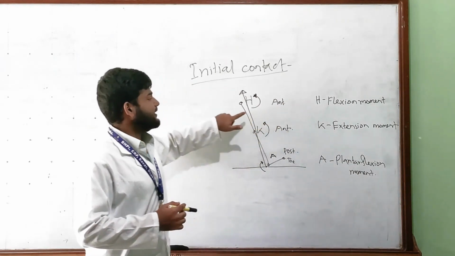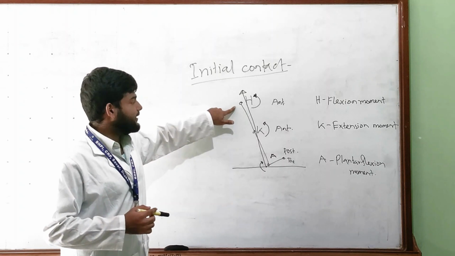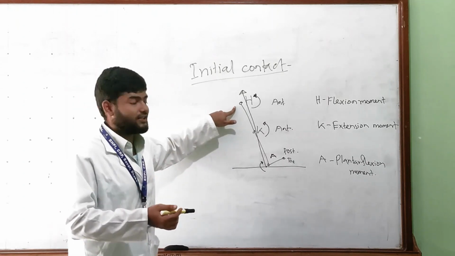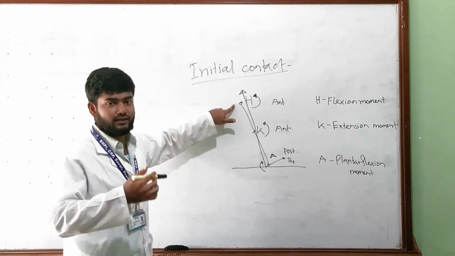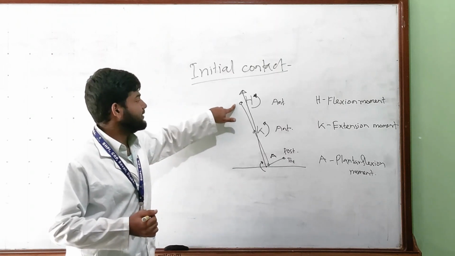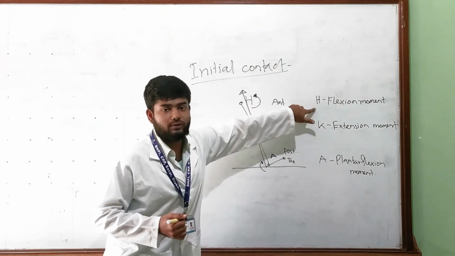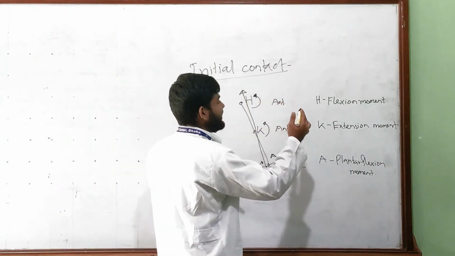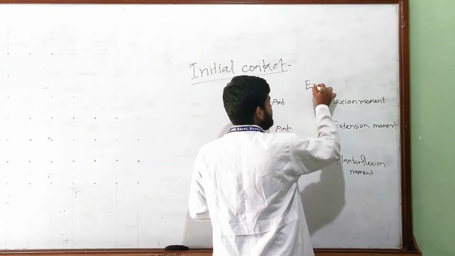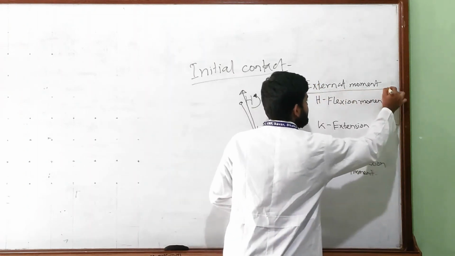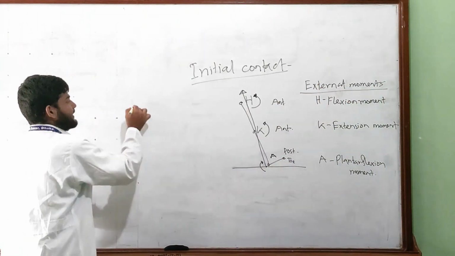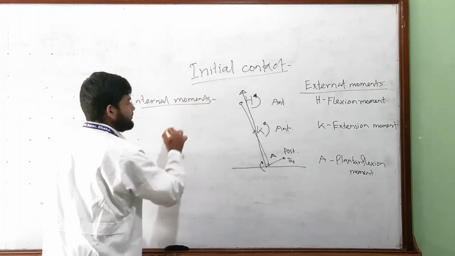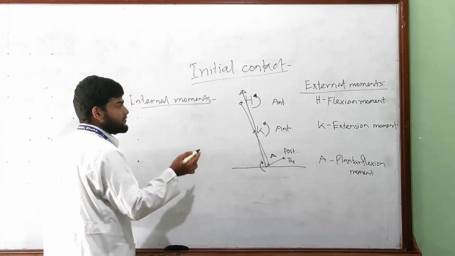If the hip flexion happens here, then to progress ourselves, we have to maintain the position, and for that, the opposite movement will be created by our muscle. So this will be the external movements, and the internal movements will be the opposite of that.